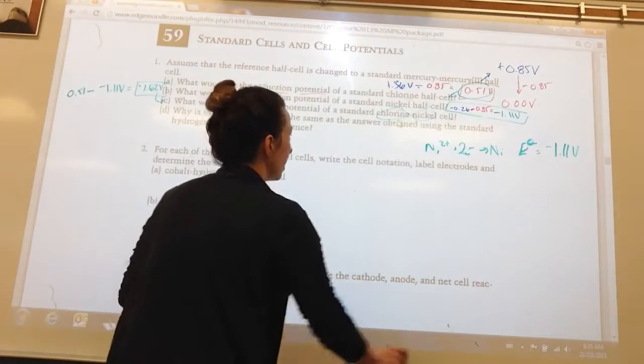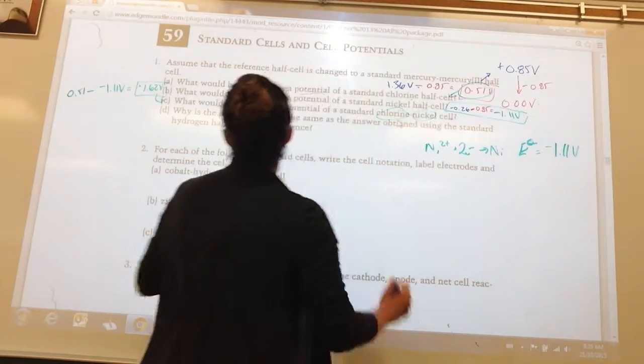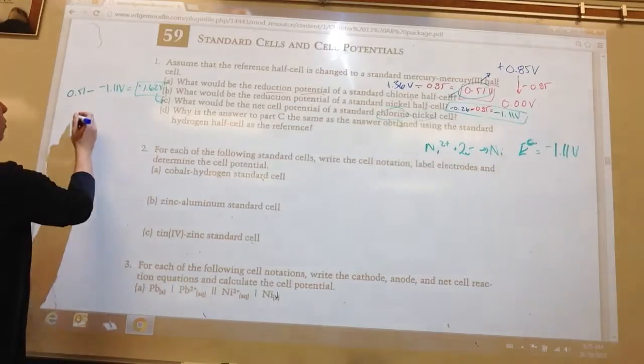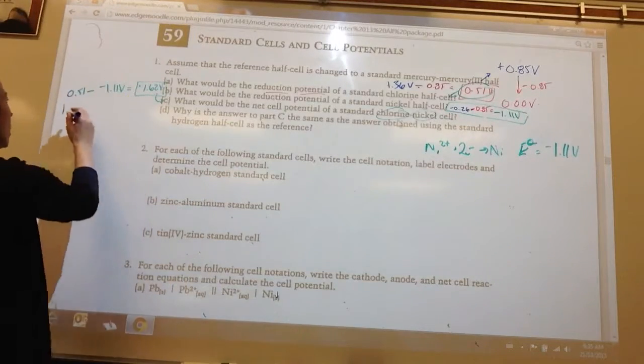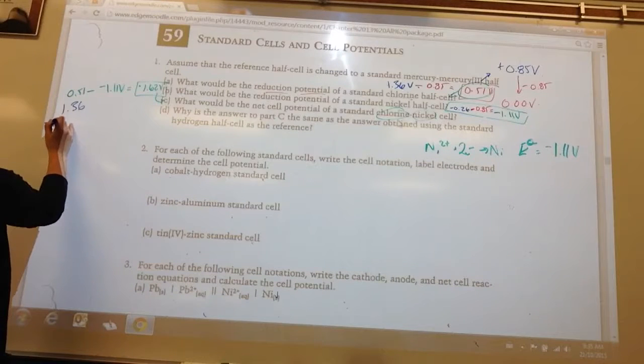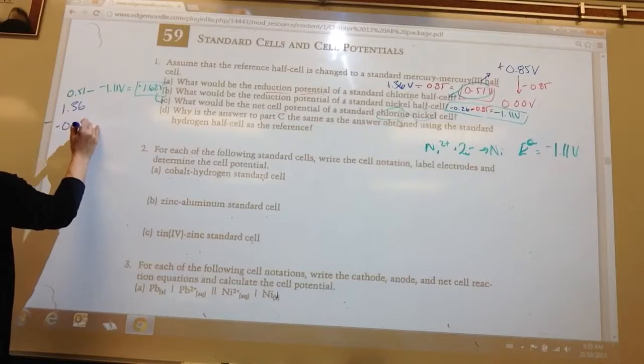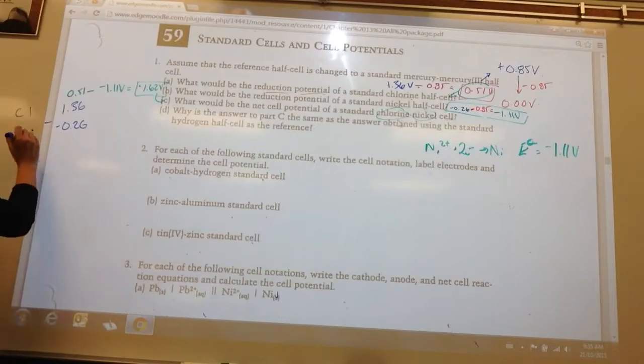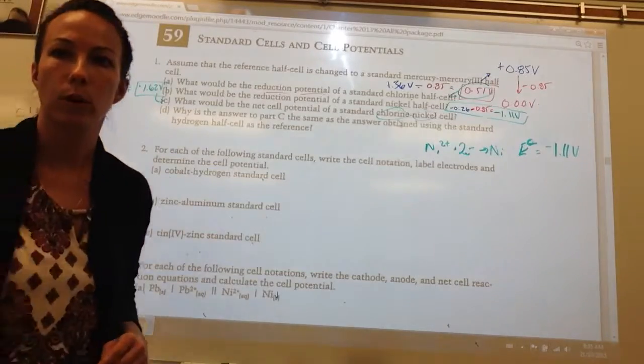No. Take your original numbers from the data booklet. The original chlorine, which is the top number, is 1.36, and underneath that number is negative 0.26 for the nickel. I don't know if you can see that on the board anymore.